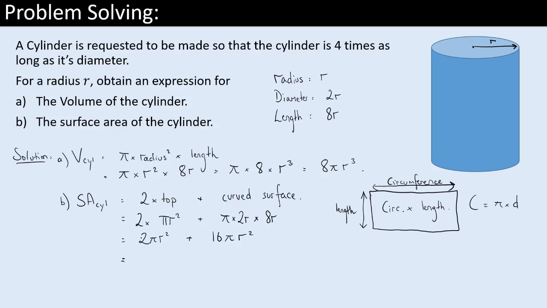So if I have 2 pi r squared and I add 16 pi r squared, overall I'm going to have 18 pi r squared. Okay, and there is my expression for the surface area of the cylinder in terms of r.